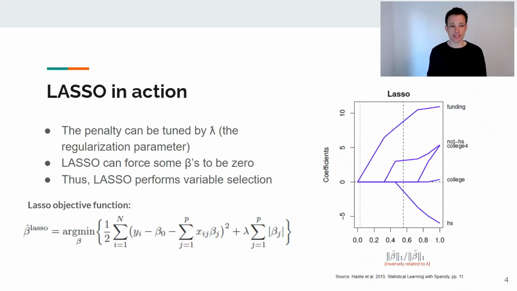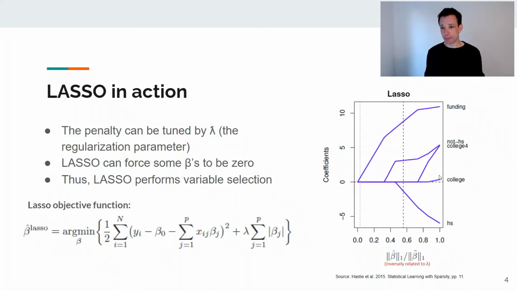So that is the regularization parameter that basically determines how large your available budget is. And the crucial thing is that LASSO can force certain parameters to zero, and in this sense performs variable selection. And that is what you see on the right here in that plot.